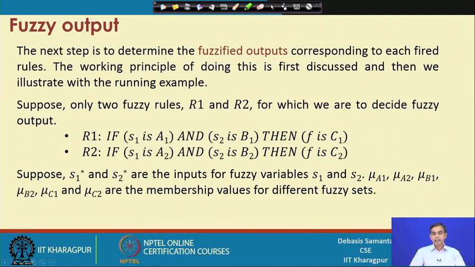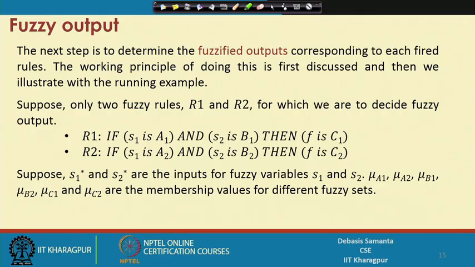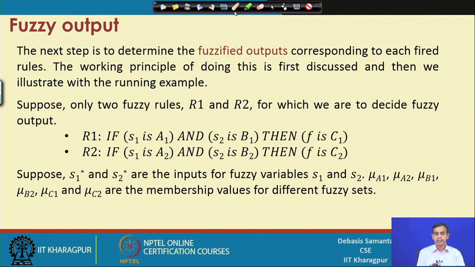Now, the idea is that the fuzzy inference engine returns some rules that are more appropriate as far as the decision is concerned corresponding to some input. These rules are essentially the output. For example, suppose any two rules are like this.